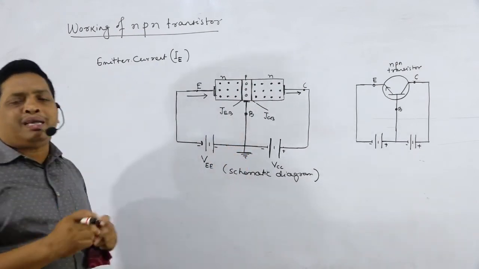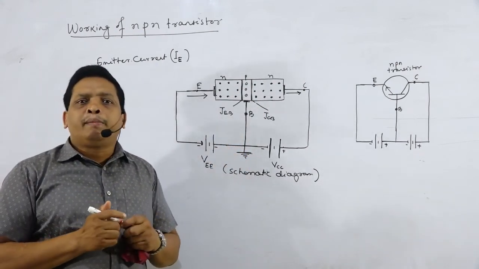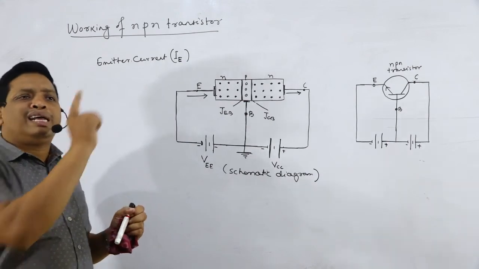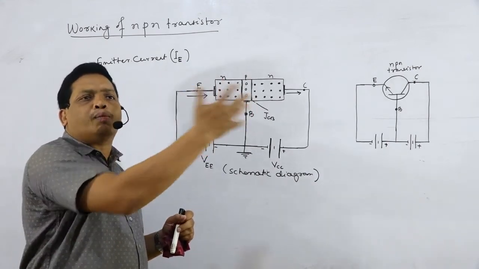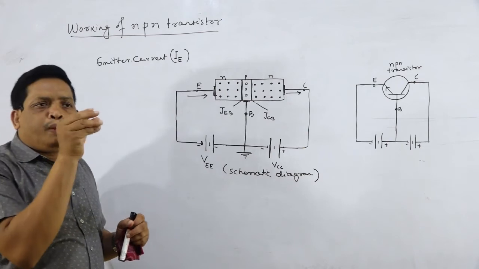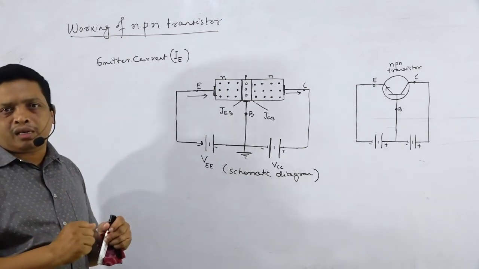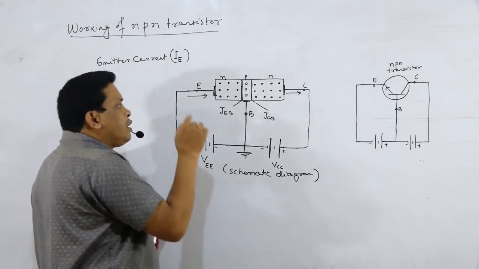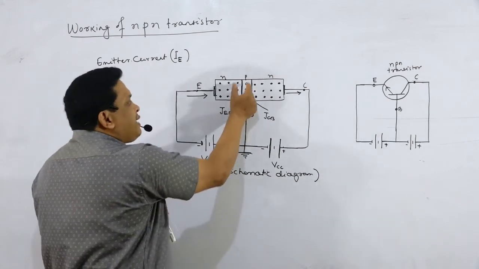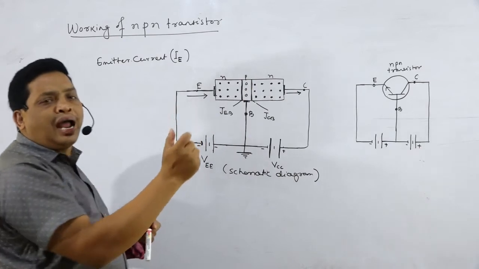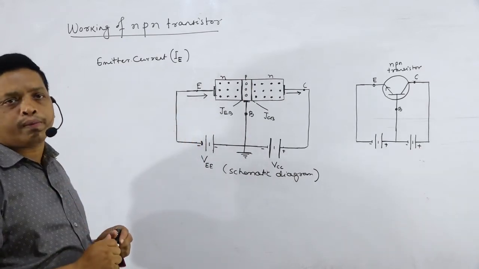Because our aim is that maximum number of charge carriers should reach the collector from input to output. A very few number of charge carriers should combine in the base region. So to reduce that, we have taken the base to be very thin and also lightly doped.